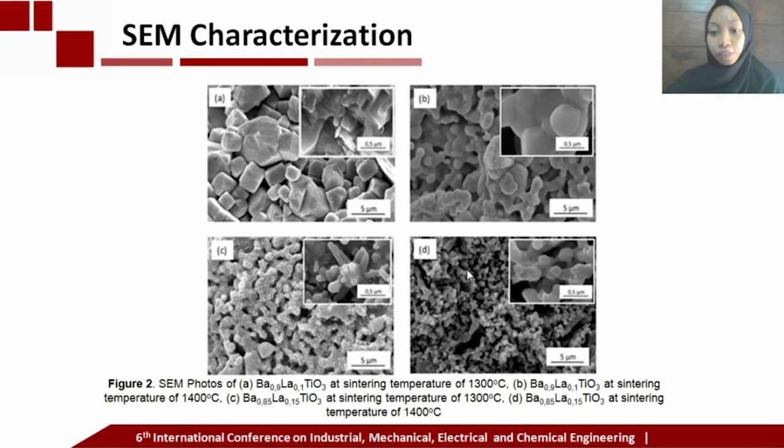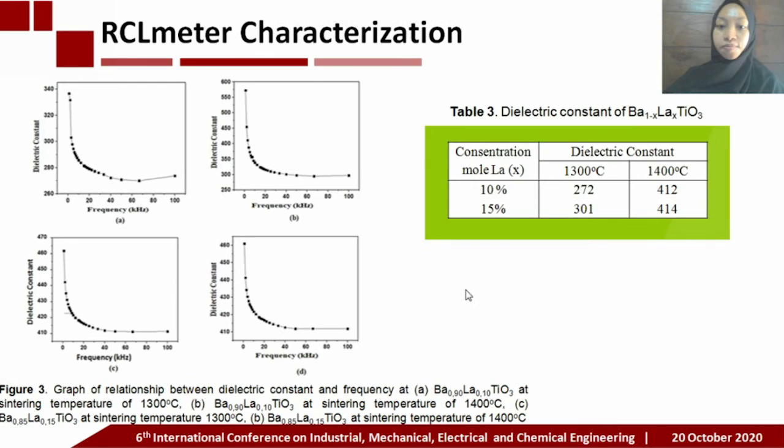For figure D, the grain size is very small. It is the SEM photo of barium lanthanum titanate with variation in mole concentration of lanthanum 15% and sintered at a temperature of 1400 degrees Celsius.